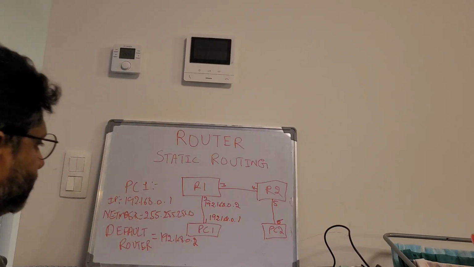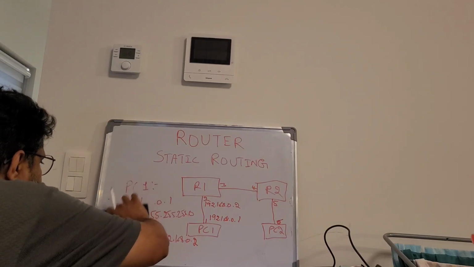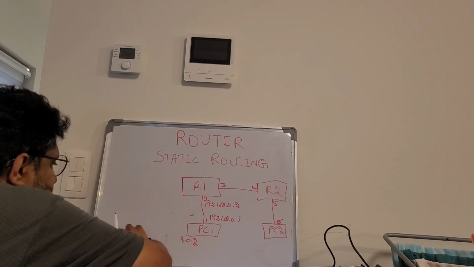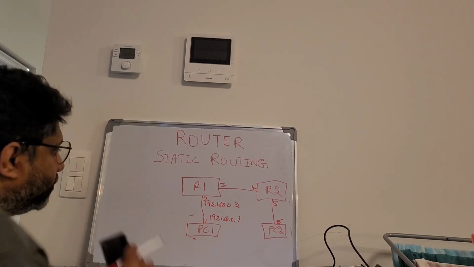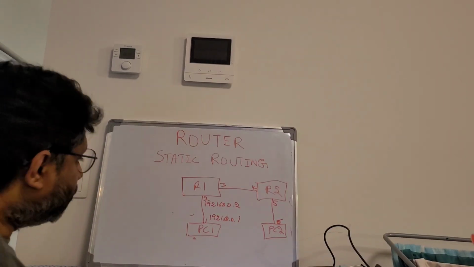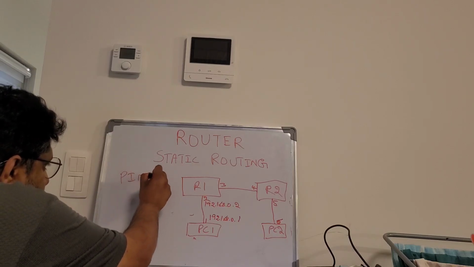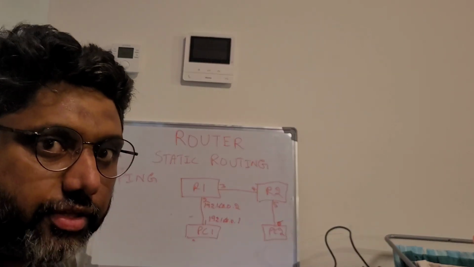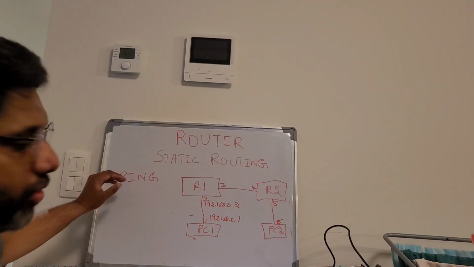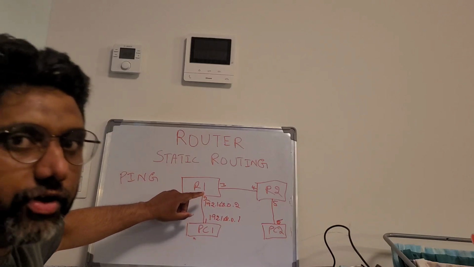To make sure that these two interfaces are working fine, we need to use a tool called ping. Ping is known to most network troubleshooting people to check that IP connectivity at layer 3 is working fine or not.